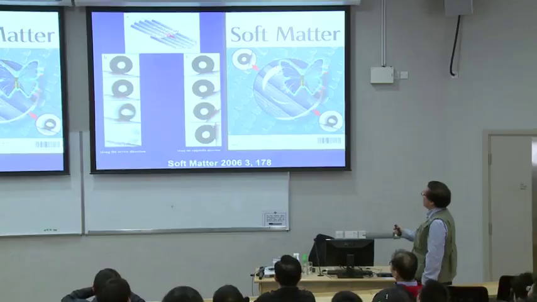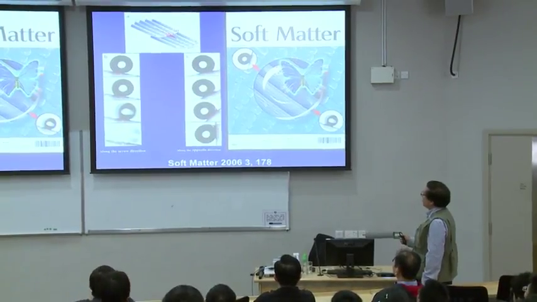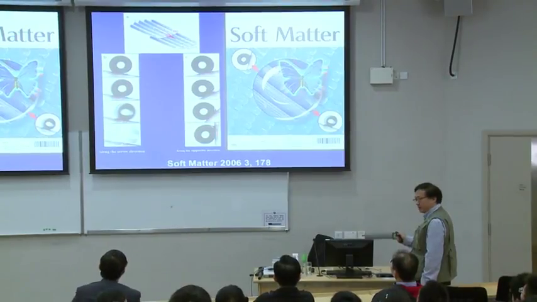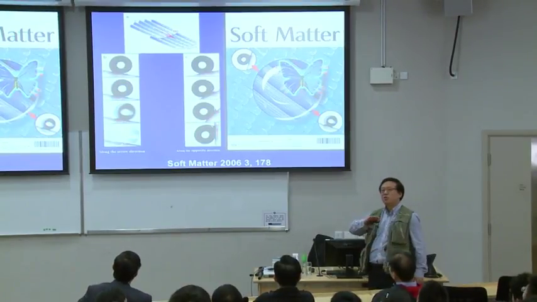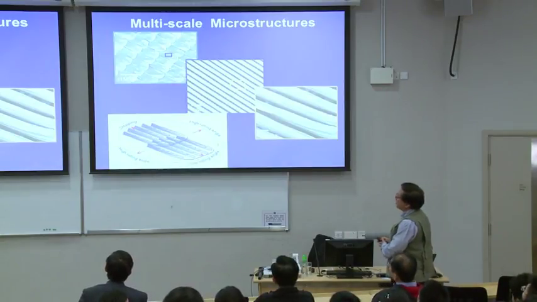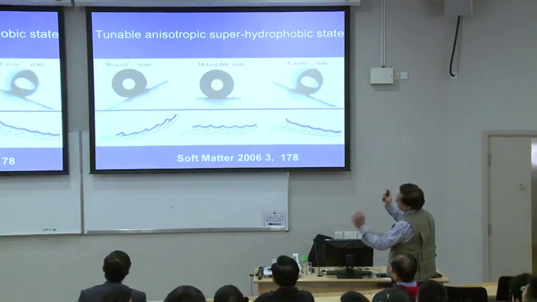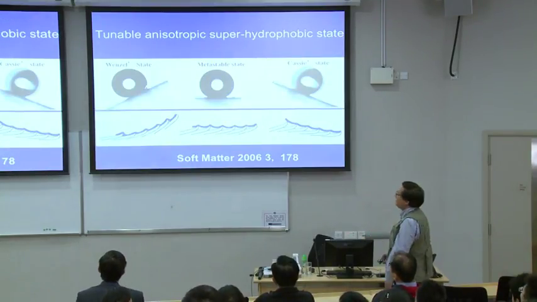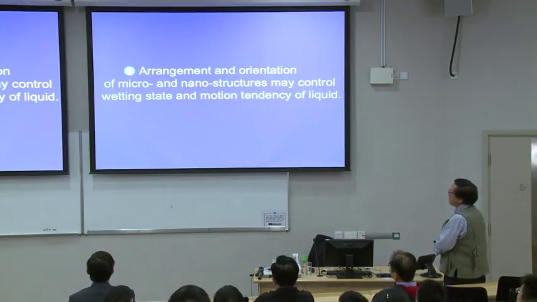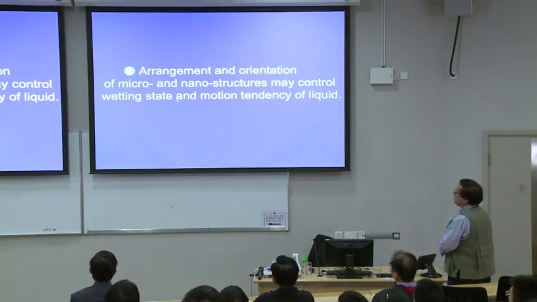And again, on the wing of the butterfly, the water droplet can only roll outward, and can hardly roll inward. Directional rolling behavior has a strong relationship with the orientation of this microstructure and nanostructure. Orientation control. The second law: the arrangement and orientation of micro-nanostructure may control the wetting state and motion tendency of liquid.